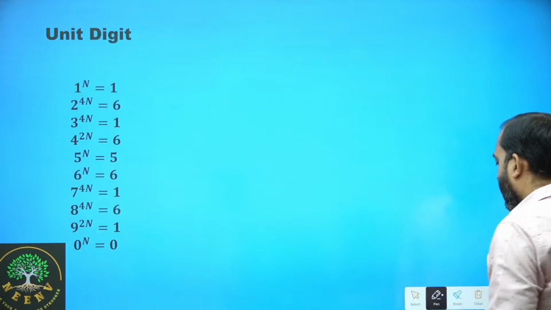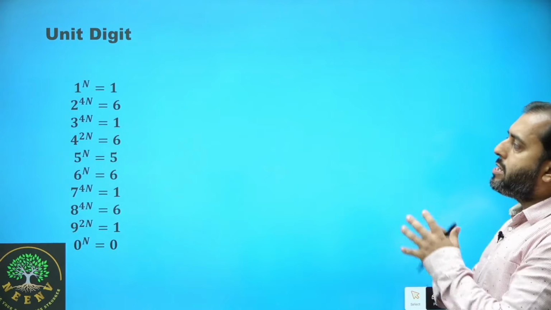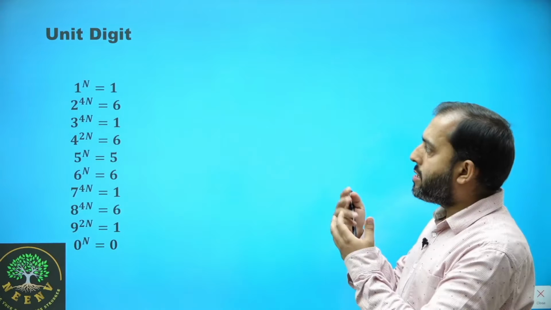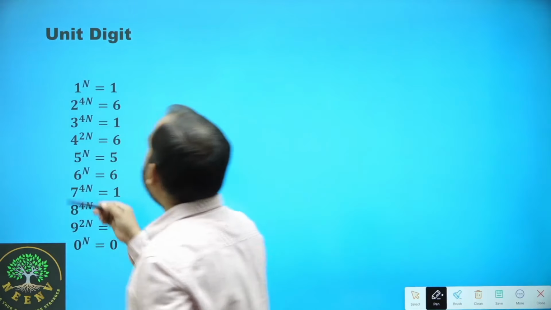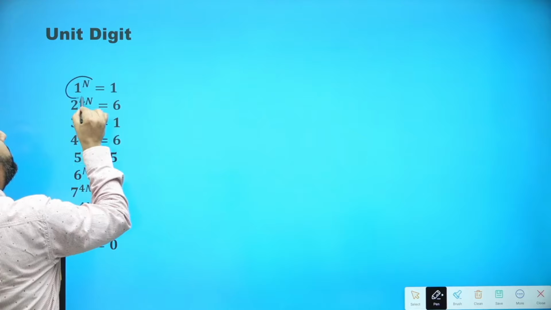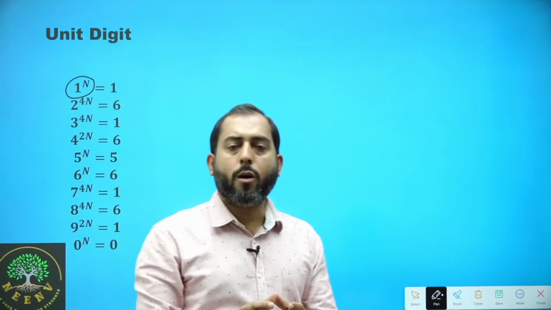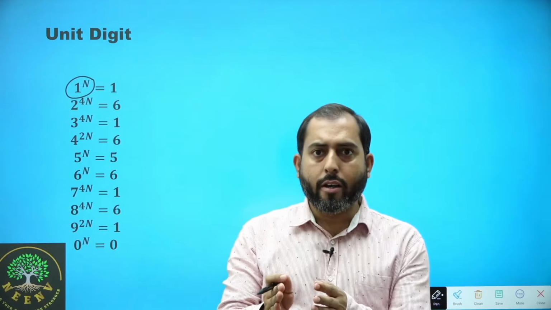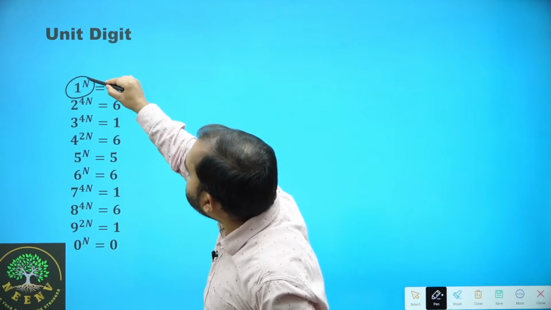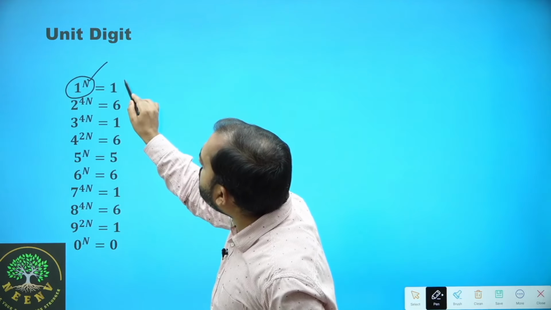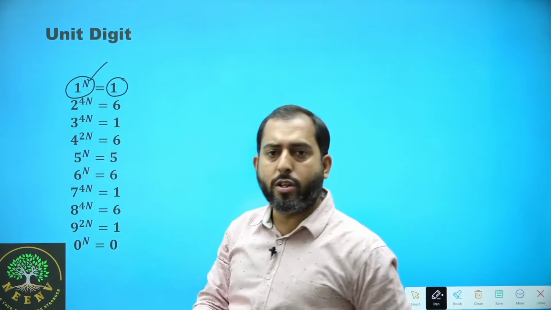Now I have written something on the board. Let's understand their meaning. 1 raised to the power n, what does it mean? It means any number which ends with 1, having power any natural number, will produce 1 as the unit digit.